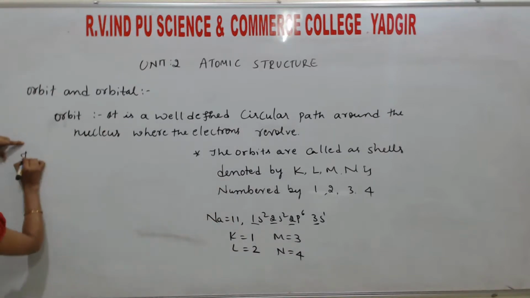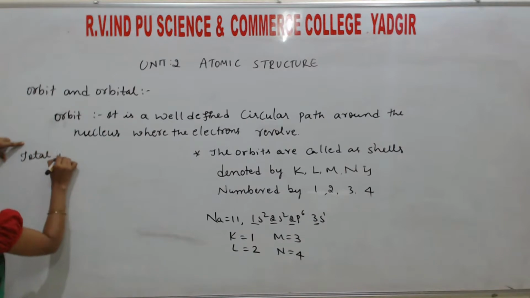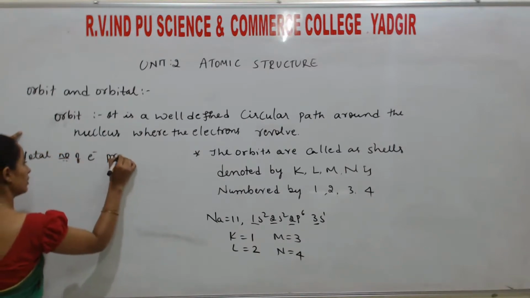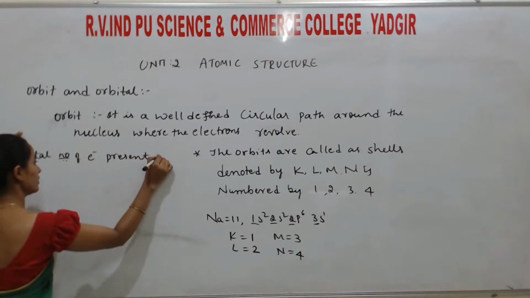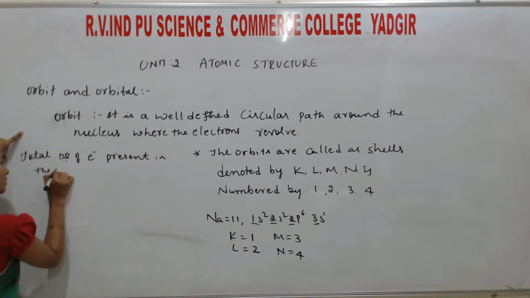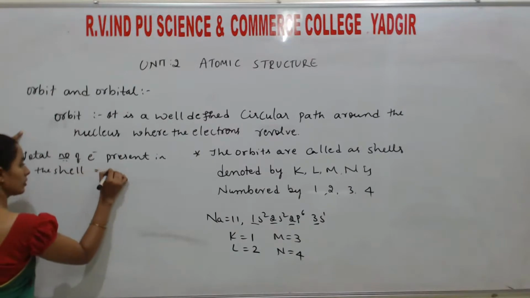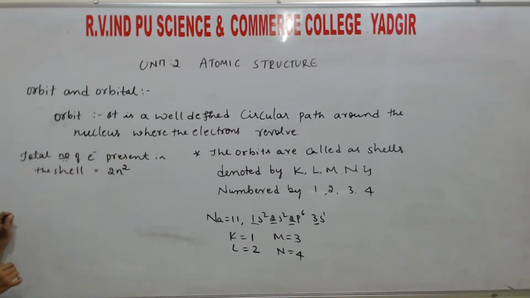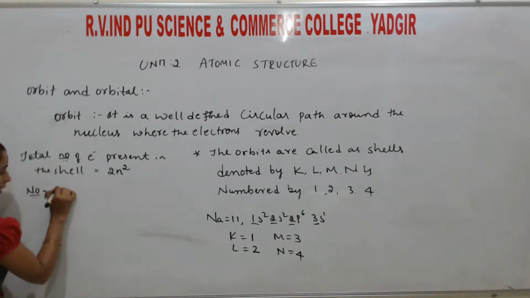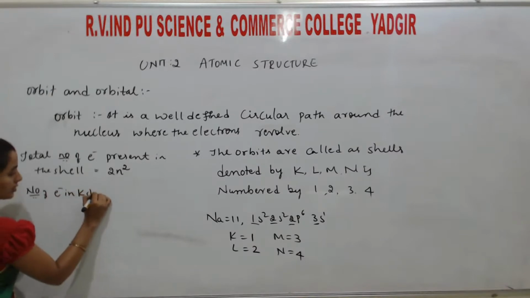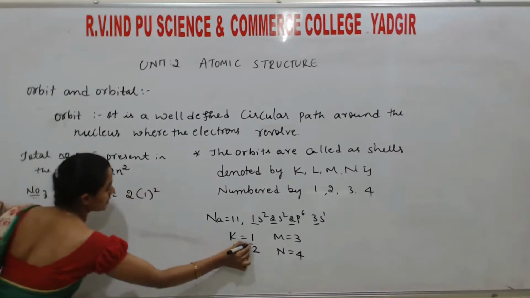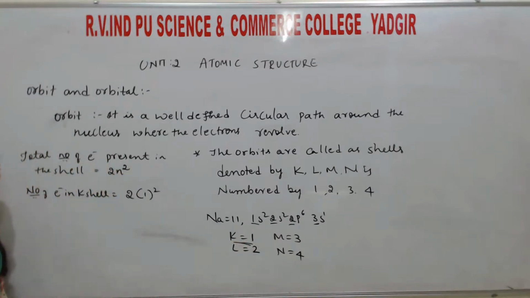So next, total number of electrons present in the shell is equal to 2n square. Okay, so students, number of electrons in K shell, that is 2 into 1 square, because K is equal to 1 here.